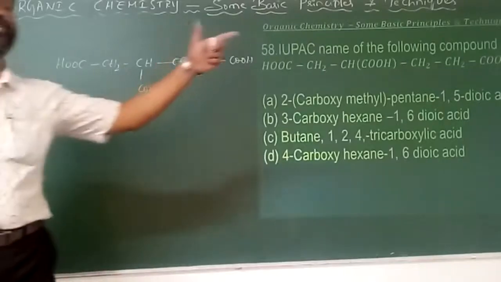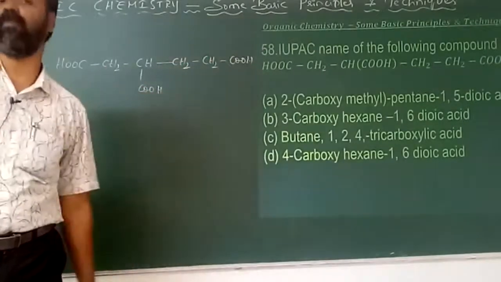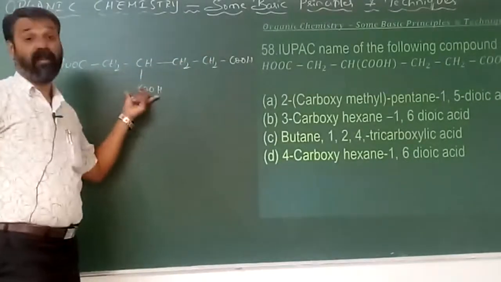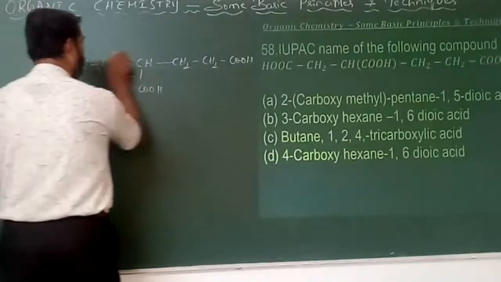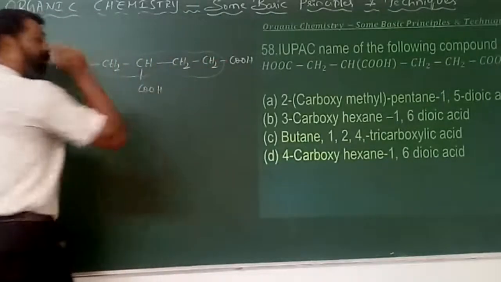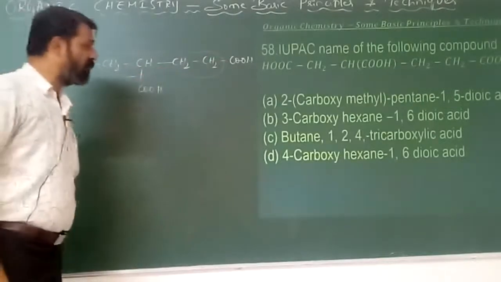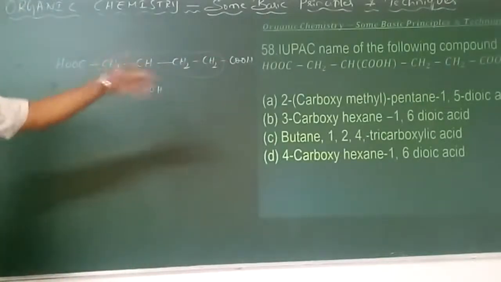If two are at the first and last, we can include them in the root word. But if these two are included, the third can be away from that. Therefore, don't try for that one. We have to take this as the root word. What's the root word there? 1, 2, 3, 4. Four means butane, saturated. Therefore, it is called butane.